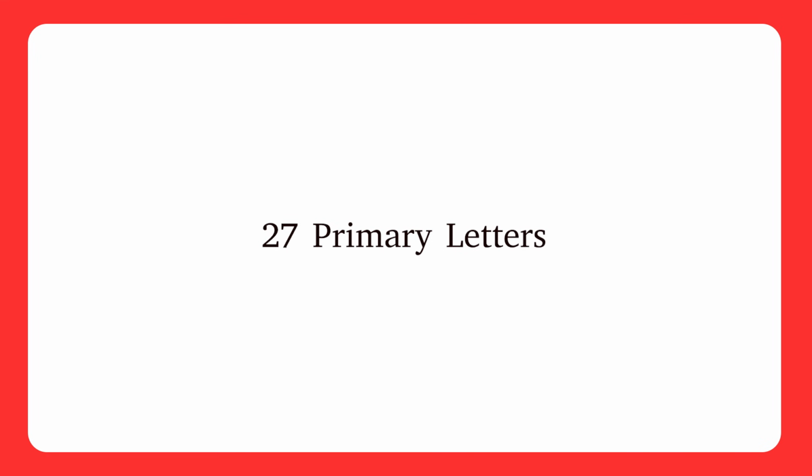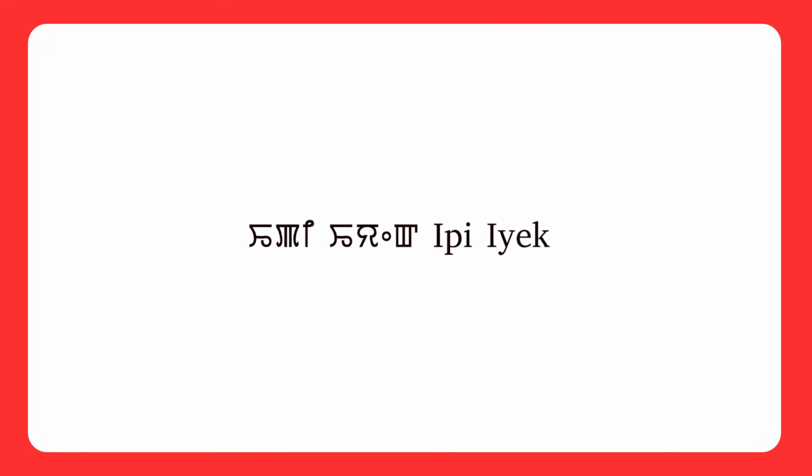It is an elegant and highly systematic script deeply intertwined with the cultural, historical, and intellectual identity of the Manipuri people. In this lesson, we will explore the 27 primary letters known as EPEK, which constitute the core structural elements of the script.